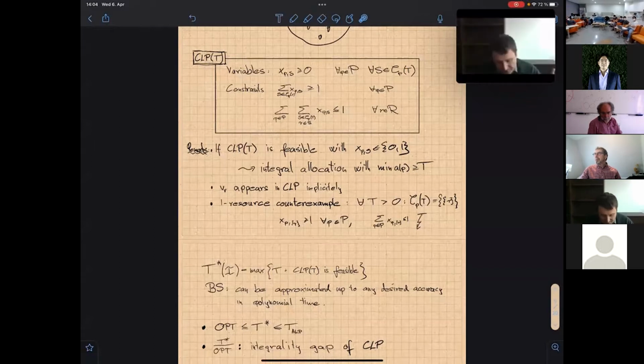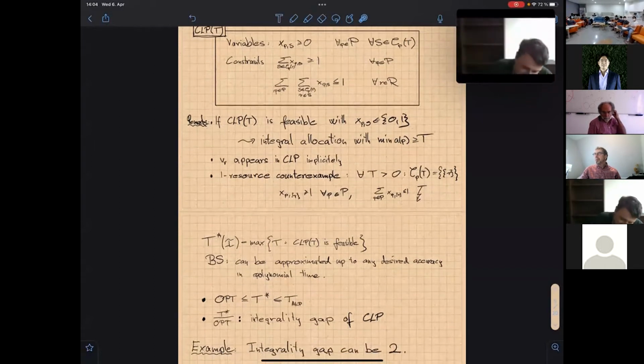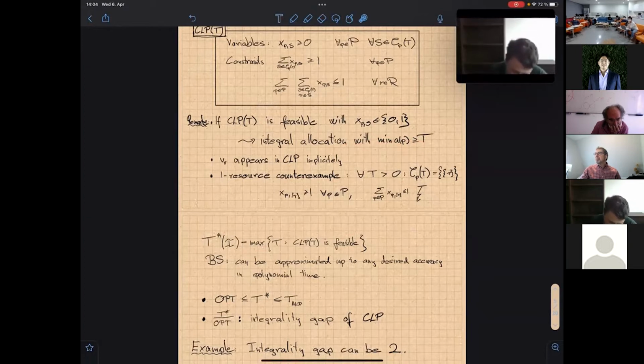That T star, this is what we will call the value of this, and this T star is an upper bound on the optimal value of our Santa Claus problem, because of the first comment, that an integer solution will also be a feasible solution here with that value.